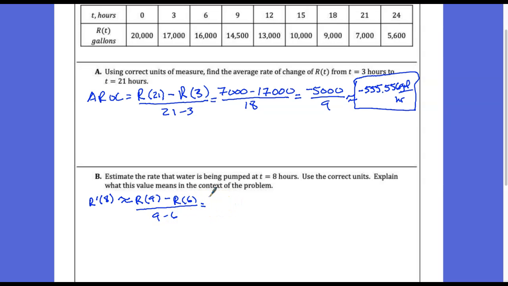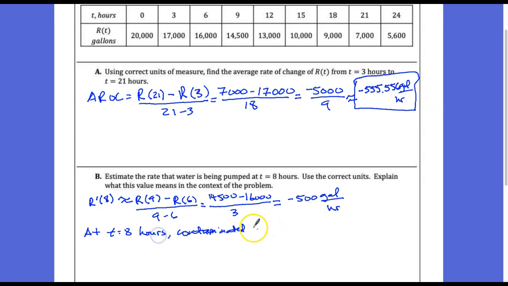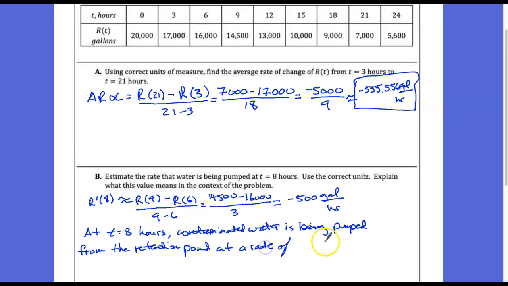And that's going to be equal to 14,500 minus 16,000 over 3. And that'll be equal to negative 500 gallons per hour. And let's write a description of this. So we can say that at t equals 8 hours, contaminated water is being pumped from the retention pond at a rate of 500 gallons per hour.